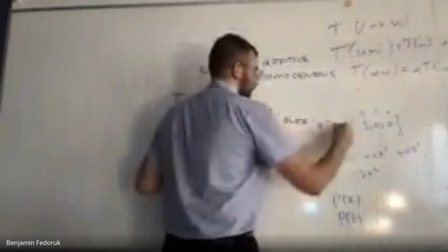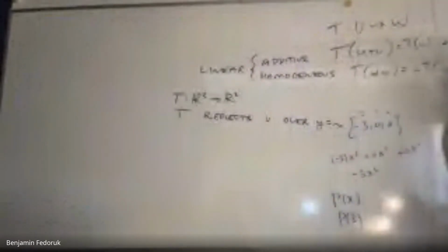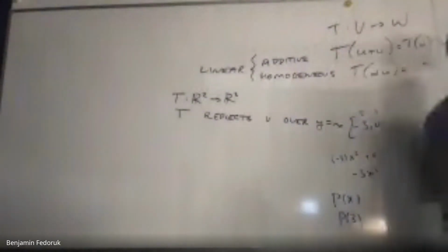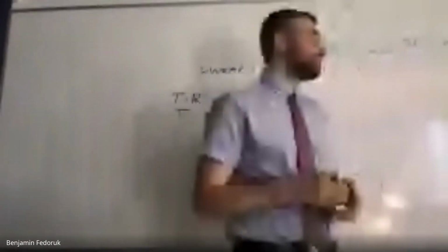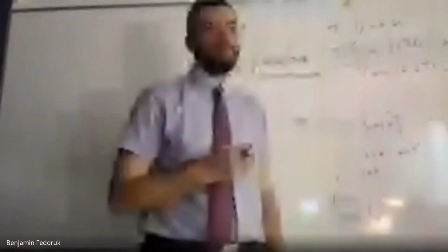As an example, if I have this vector here, and this is my line y equals x, it reflects it over that line. It's a linear transformation. I'll let you prove that if you want to. But the question is, how do we write this as a matrix?